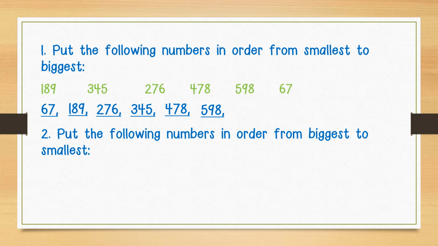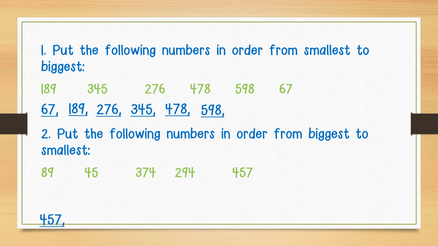Number 2, put the following numbers in order from biggest to smallest. Remember when we said biggest to smallest, we said we have to look for the biggest number and count backwards. So let's go through the numbers: 89, 45, 374, 294, 457. So which number do you think will be the biggest number?